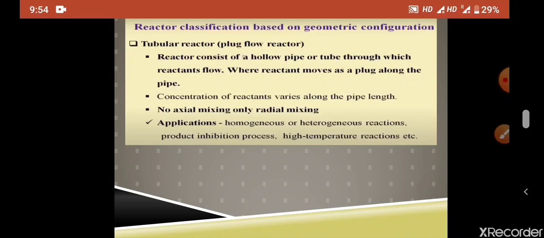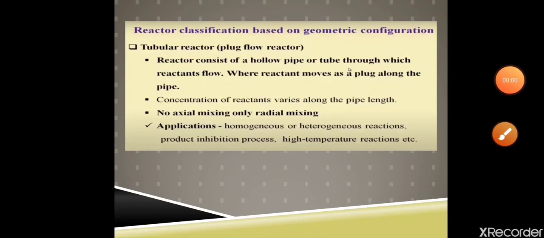We can give the example of the acetic acid fermentation process and lactic acid fermentation process. All these have the same kind of inhibition. Even in the ethanol fermentation process, ethanol has some kind of inhibition. So for all these processes, tubular reactors are used.